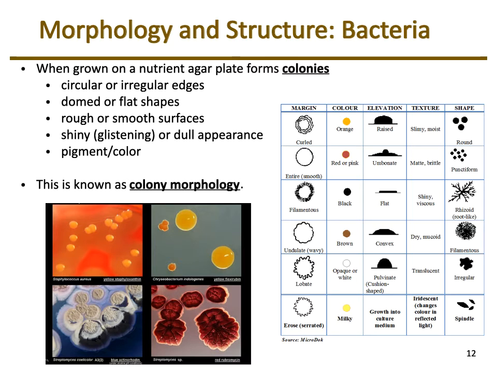You can also look at the elevation, whether domed or flat. Also the texture, whether it has a rough or smooth surface, or whether it's shining or dull. And then we can also look at color, whether it has pigment to it. All that information will help us identify the bacteria when it's growing on the nutrient agar plate.